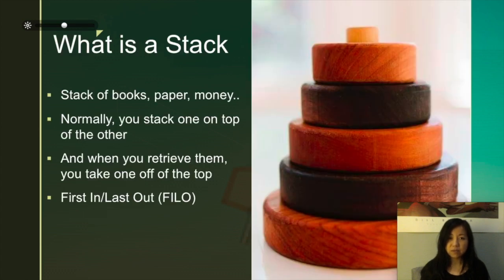First, what is a stack? You have stacks of books, you have stacks of paper, or maybe you have stacks of money. So normally you would stack one thing on top of another, like the toy on the right-hand side.